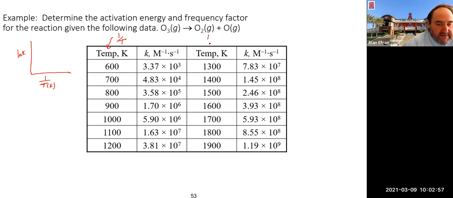And for k, you would take the natural log of k for each of those. Then those would represent points that you would plot on this graph. You would do your best fit line, very badly drawn there, and you would get your equation from it. You probably wouldn't want to do this by hand; you would probably want to use an Excel graph or something like that, but that's the method you would use.